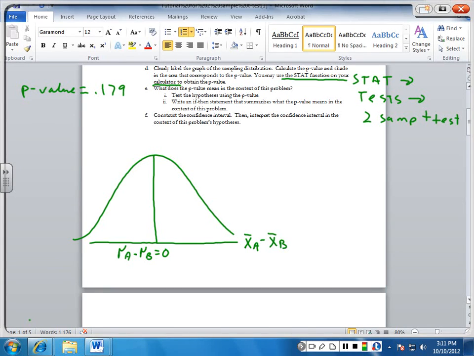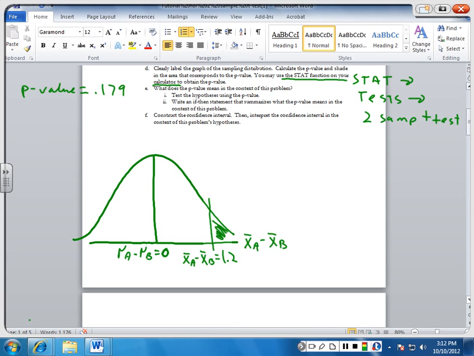That's why I rewrote the null hypothesis in the form of mu A minus mu B is equal to 0. That just helps you out with getting what is the number at the center of that distribution. Now, the specific value of x bar A minus x bar B that was observed in this sample was 1.2. Again, think of that as one number. It was 36.9 minus 35.7, but it's down here.